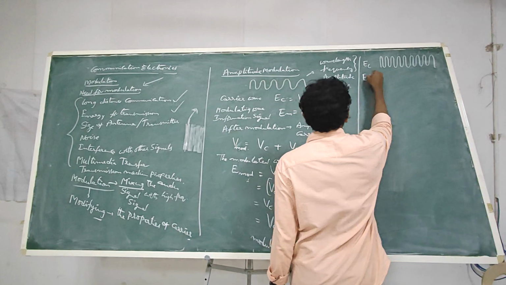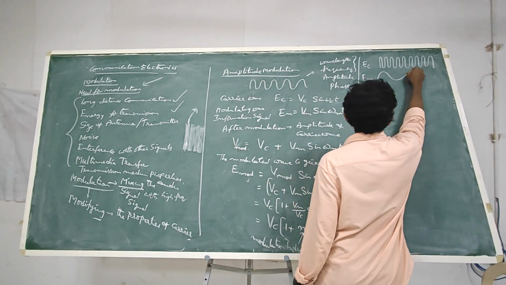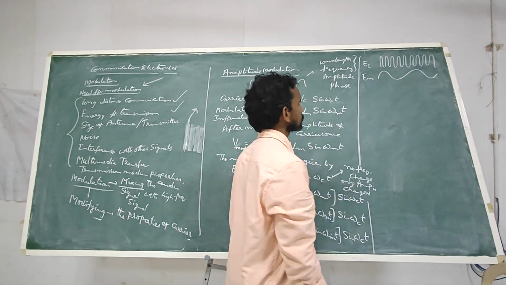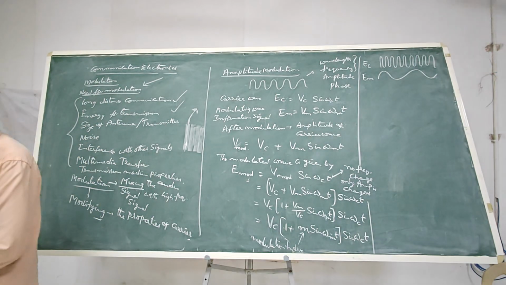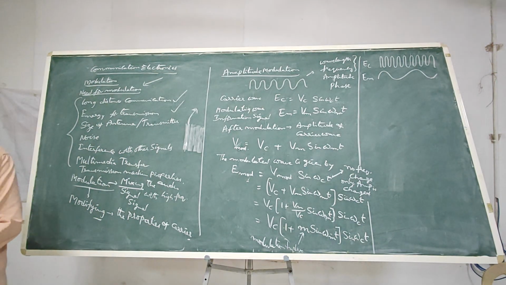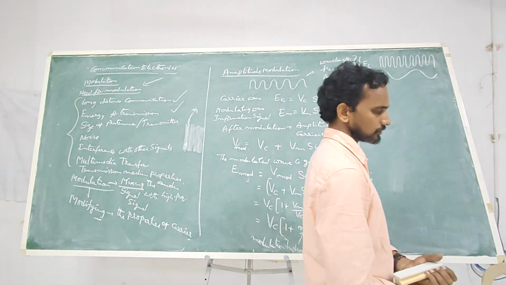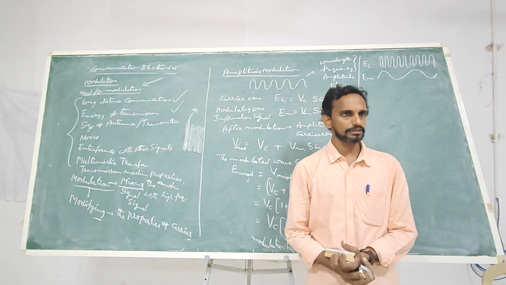Em is some low frequency wave, maybe an audio signal or video signal, whatever it is, electrical signal. So sound waves or audio signals, everything is now converted to electrical signals.